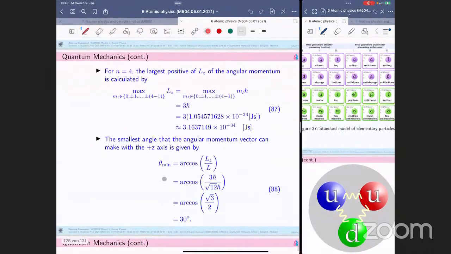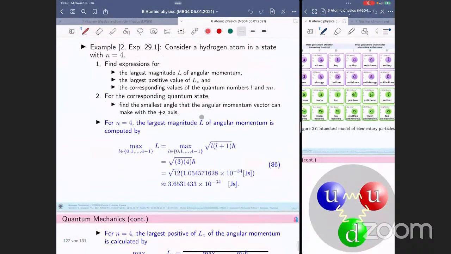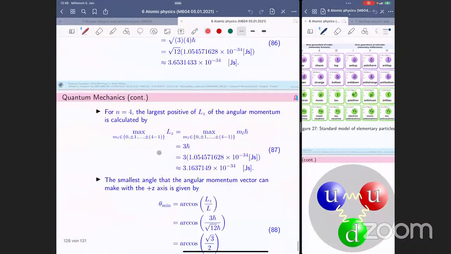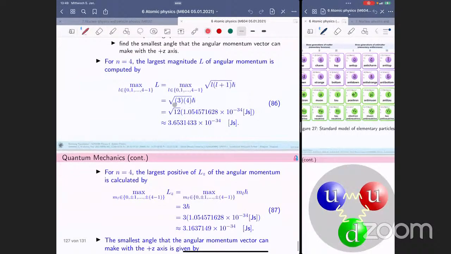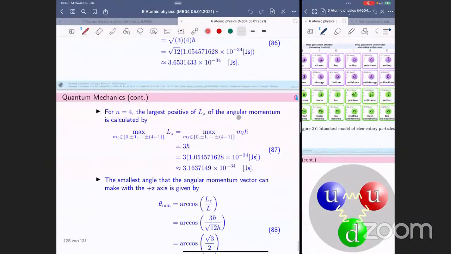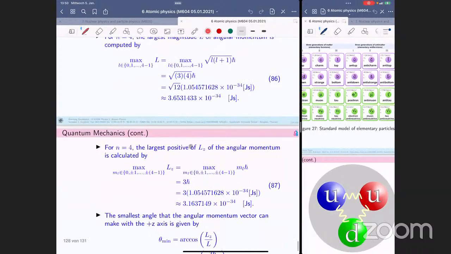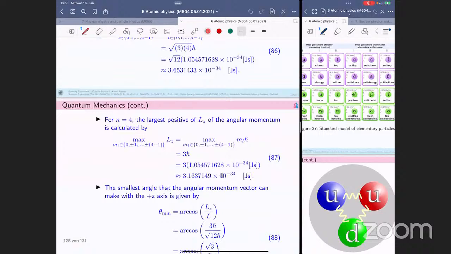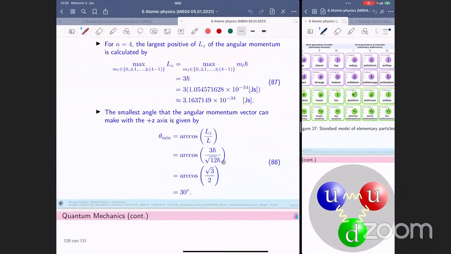The angle could be found from the ratio between these. The maximum value of Lz is 3ħ, and the maximum value of L is square root 12 ħ, and the ħ and ħ cancel each other.